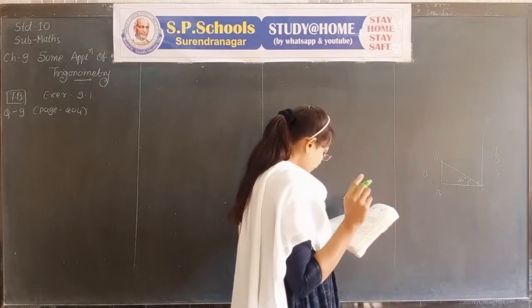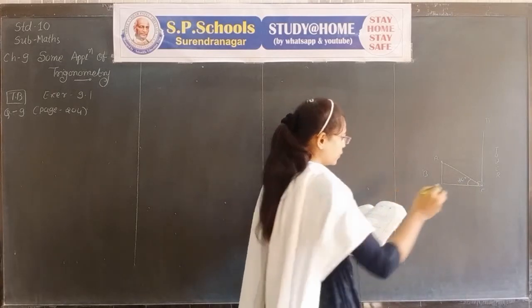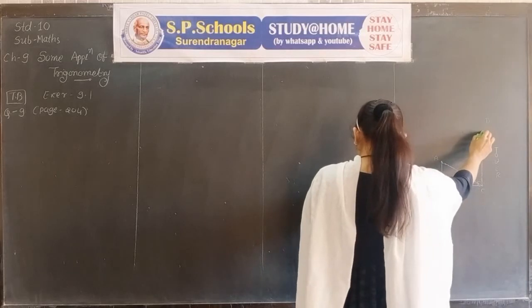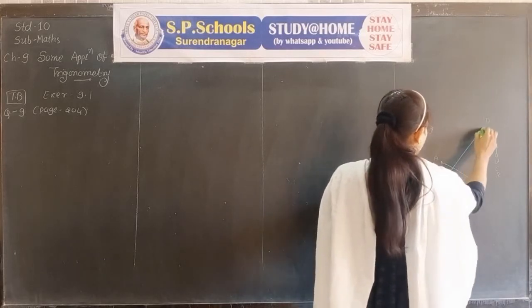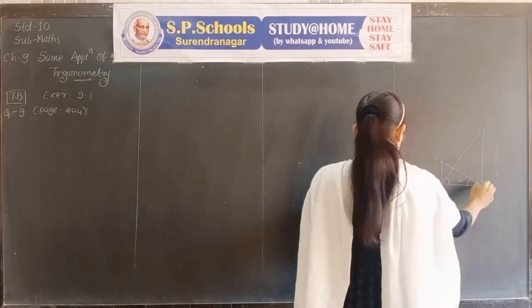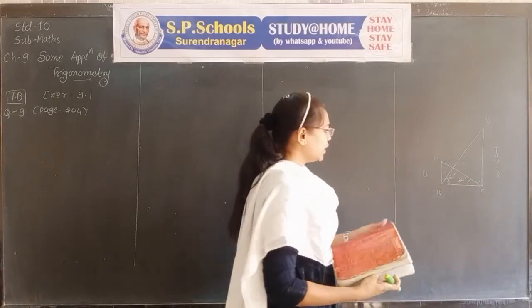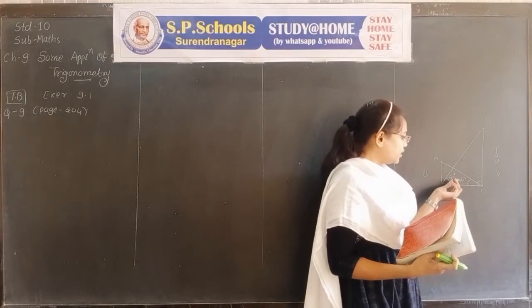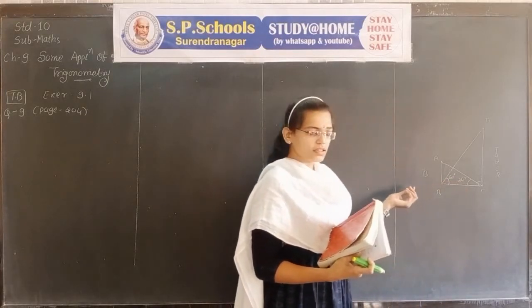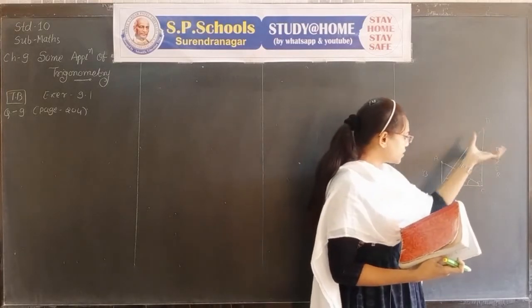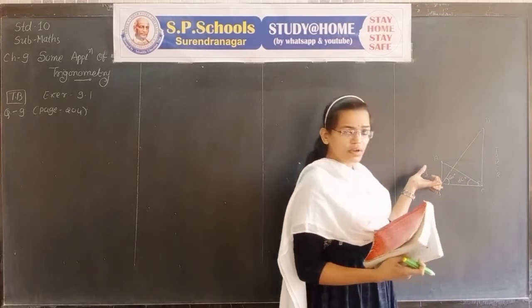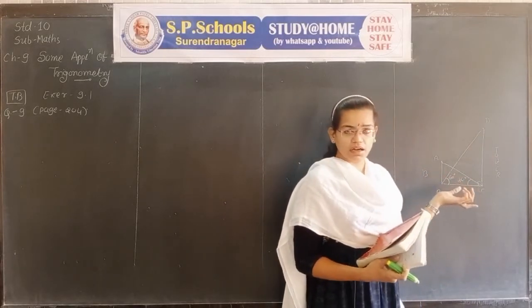And the angle of elevation of the top of the tower D from the foot of the building B: B to D is the line of sight and BC is horizontal, which is 60 degrees. Since angle 60 is more than 30, the side opposite to angle 60 is greater than the side opposite to angle 30. So that is our correct figure.